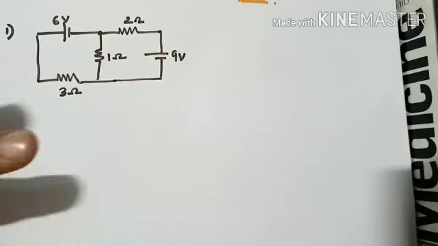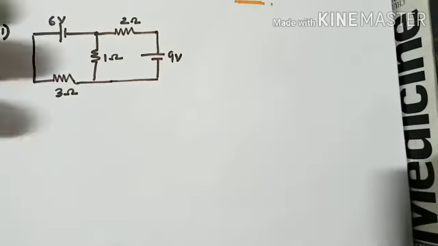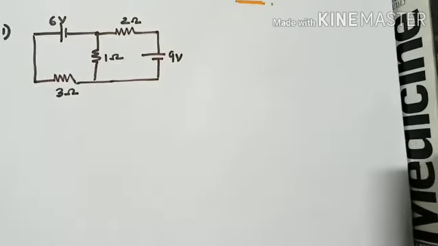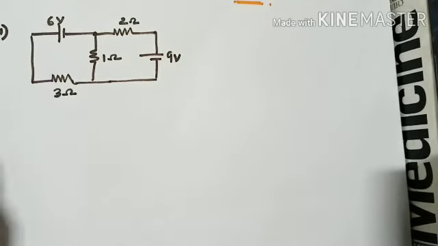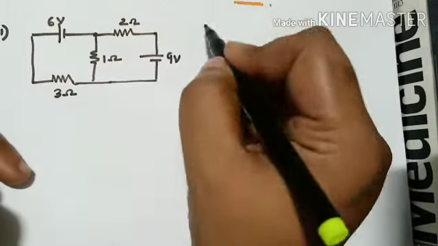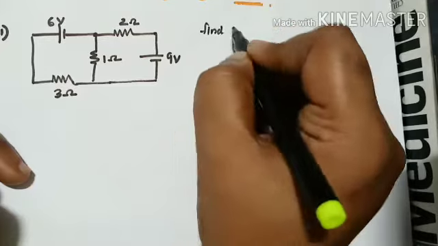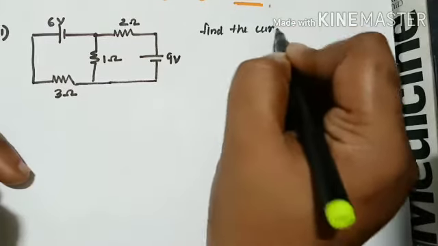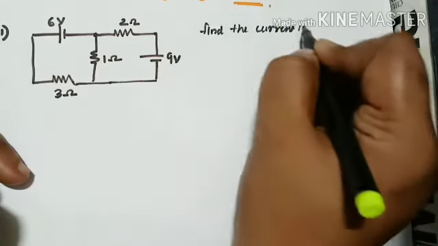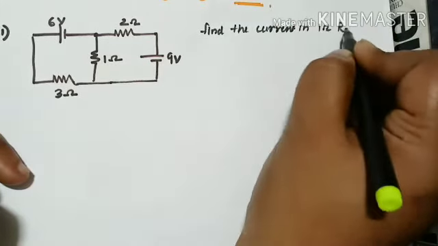Right. Once you get a circuit, guys, pause the video, try to solve it by yourself, then only see how I have done it in the video. Okay. So the question is, find the current in the 1 ohm resistor.